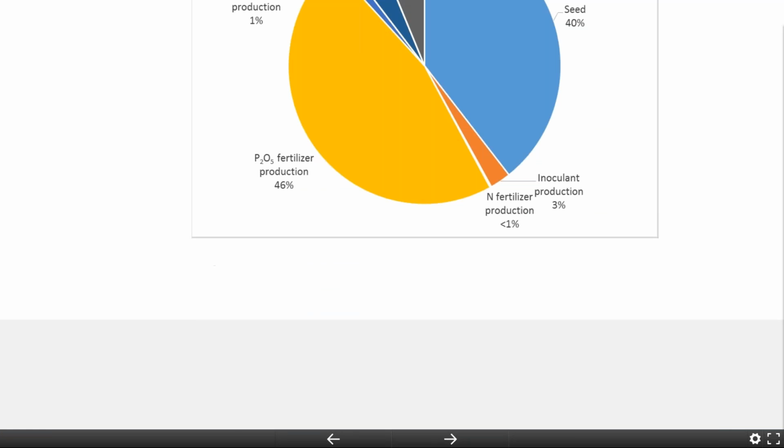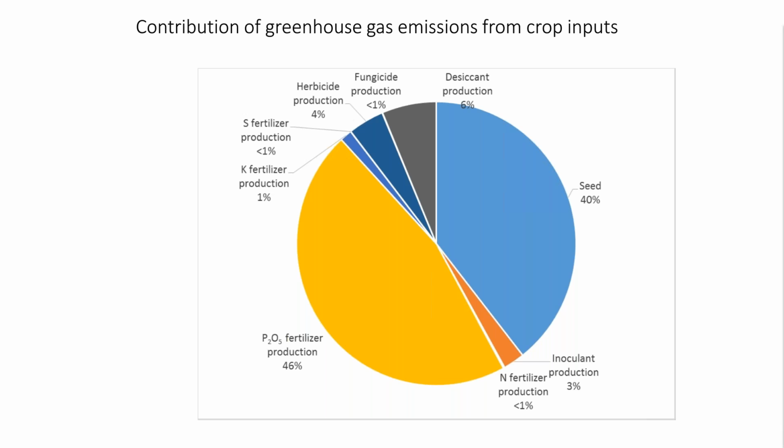Moving on, we can see here in this pie chart the contribution of greenhouse gas emissions from the crop inputs. So here, seed is actually quite high in regards to its relative impact. So when you are using higher seeding rates, 180 pounds was the average in this case, it does represent 40%. The largest though, of course, is the big yellow, which is your P2O5 fertilizer, and that's for the production of that fertilizer.